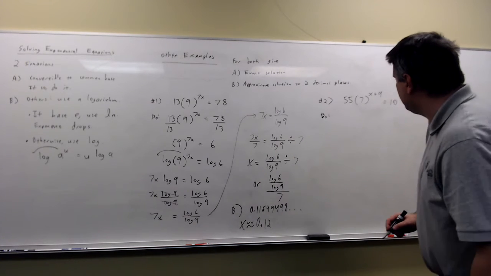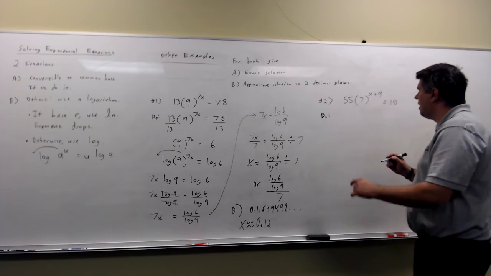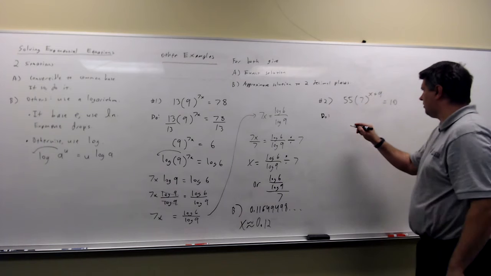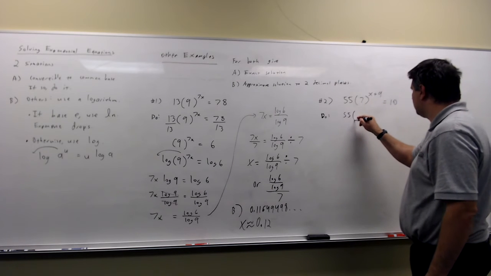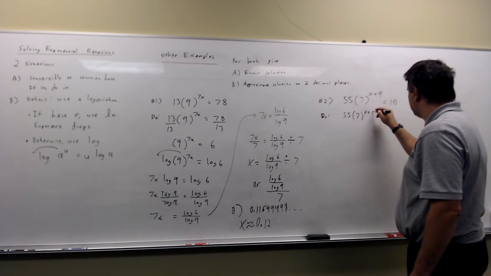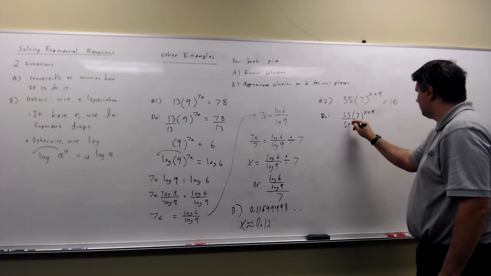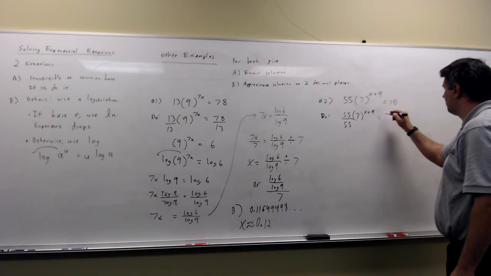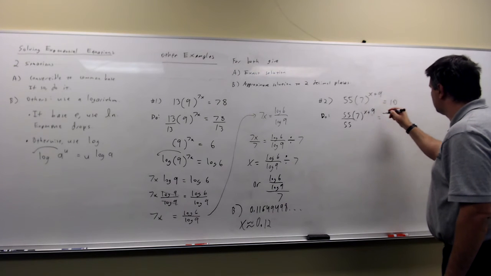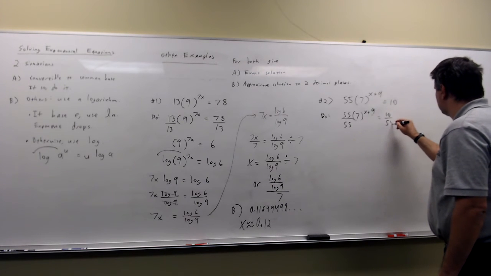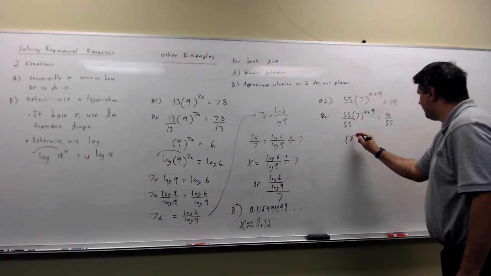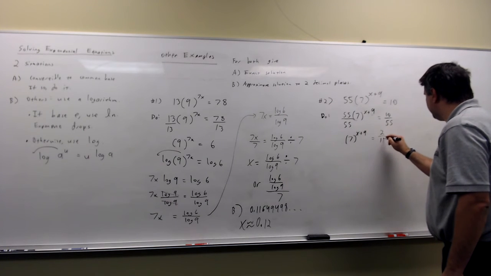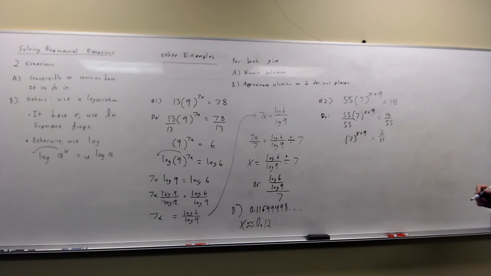All right. This next one, like before, I need to isolate the base and the exponent, so I'll divide off that 55. So I end up with 7 to the x plus 9th power is 2/11 when that fraction is reduced.